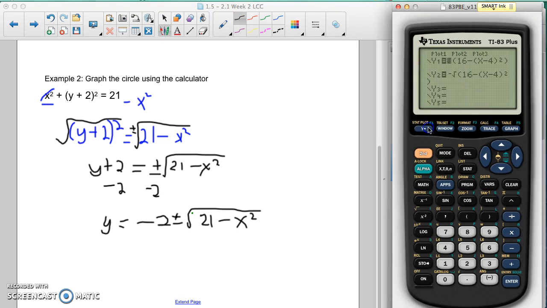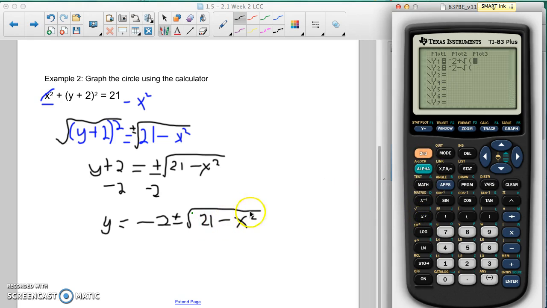Alright, so let's go back here. We'll push clear, and we'll type in our equations. So negative 2, this one's going to be minus because it's down below. Negative 2 minus the square root. And then on the top one, it'll be negative 2 plus the square root.